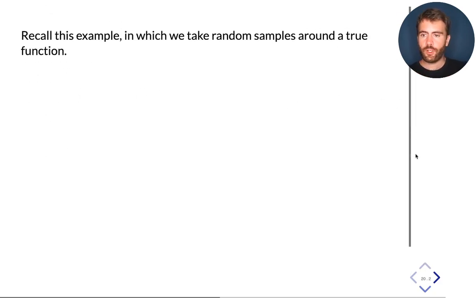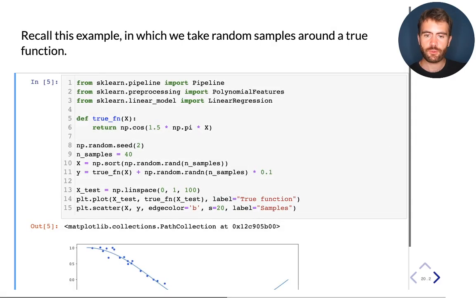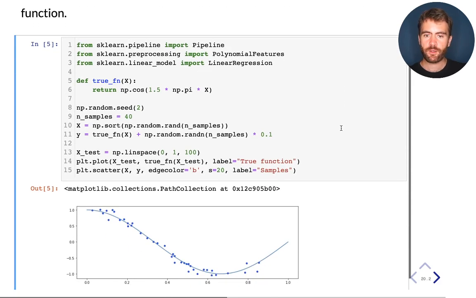In order to illustrate this with an example, I'm going to use the following data set that I used in some of the earlier lectures, in which I have this function that has this particular shape. It's actually a mix of sines and cosines, but it kind of looks like a quadratic function.